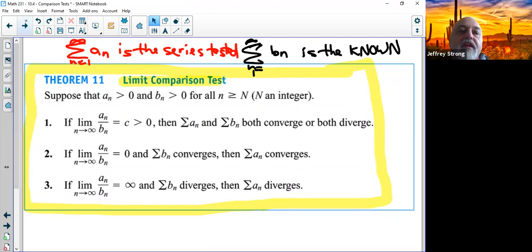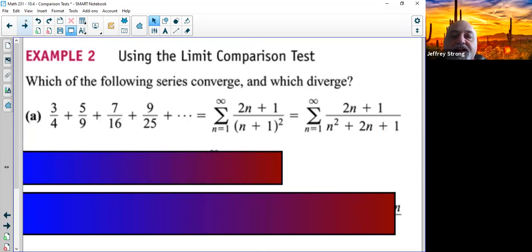Okay, so let's see how this works. It says use the limit comparison test to see if this converges or diverges. So we can write this out, 2n plus 1 over n plus 1 squared, which would be 2n plus 1 over n squared plus 2n plus 1. After you've done some of these, you start maybe getting a gut feeling over whether it converges or diverges.